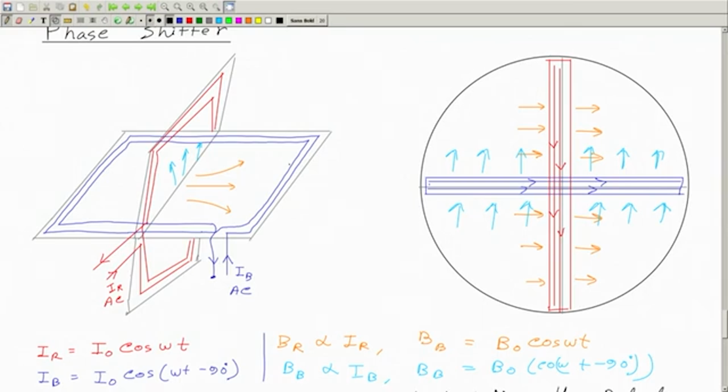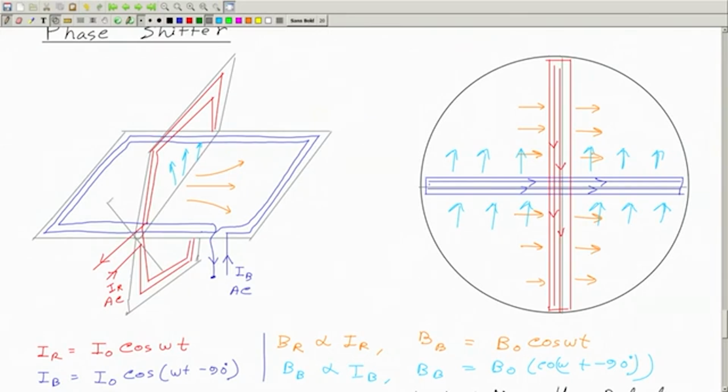Let me take a third coil which I will put neither on this horizontal plane nor on this vertical plane, but on a third plane. Let me draw that with a different color. So this is at an angle like this. It is neither vertical nor horizontal.